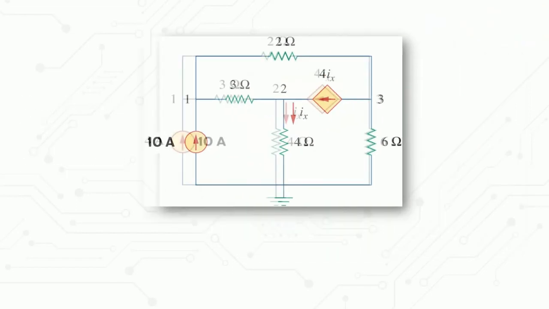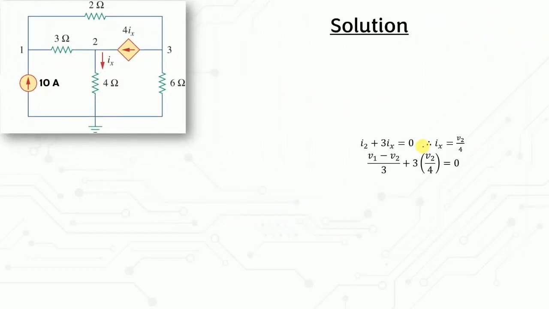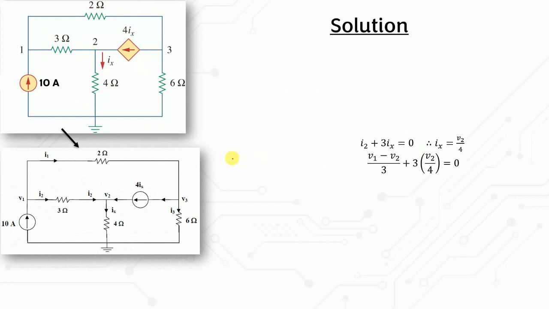Moving on to the equations that we have. Referring to this circuit, you have to see the current directions at each node for V1, V2 and V3.